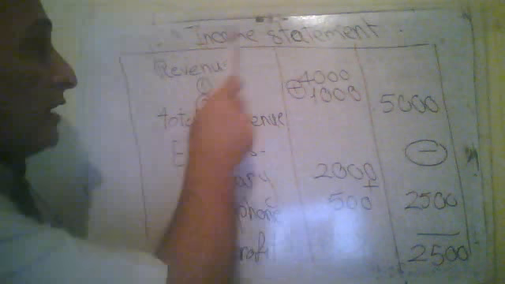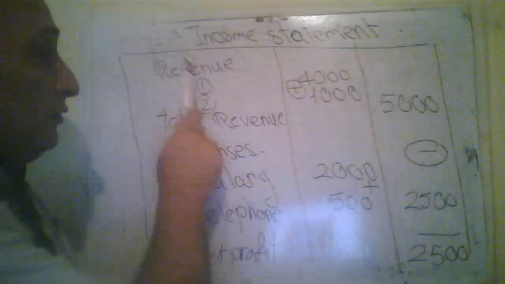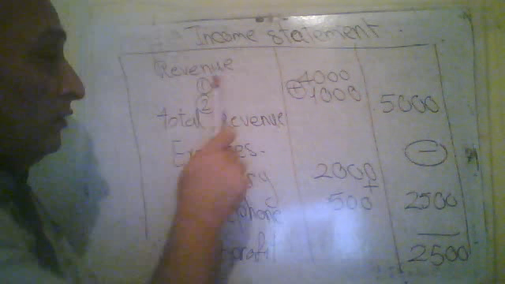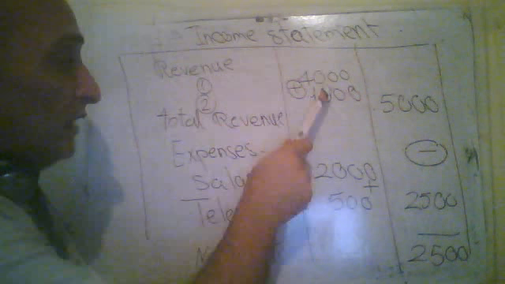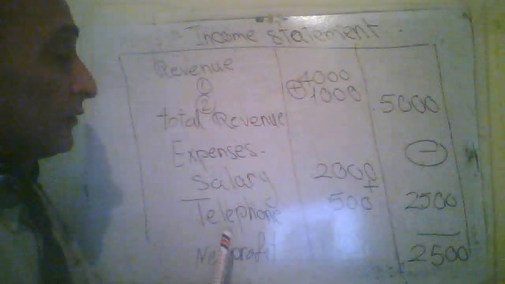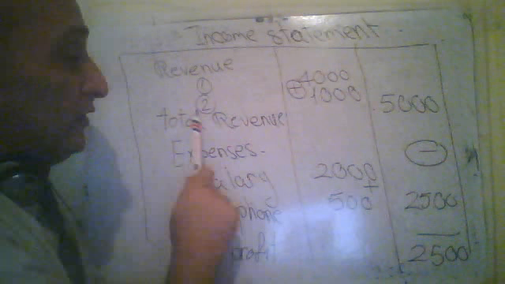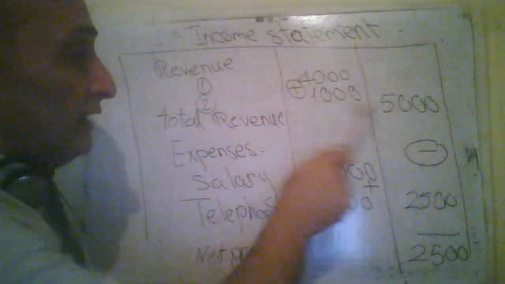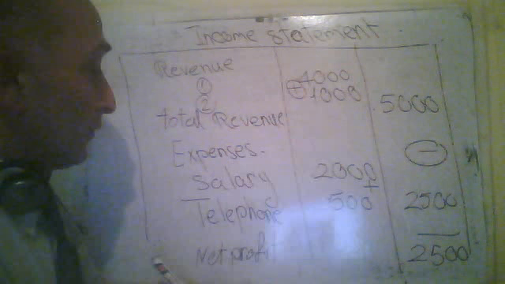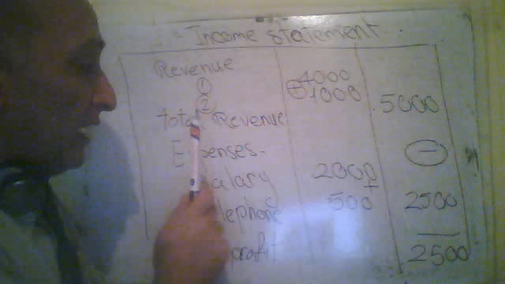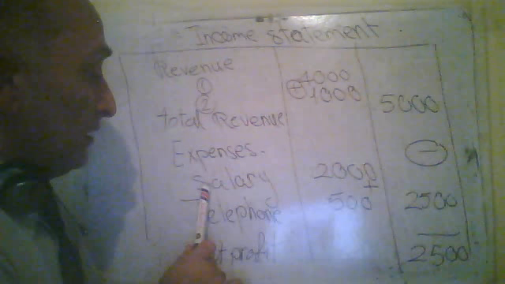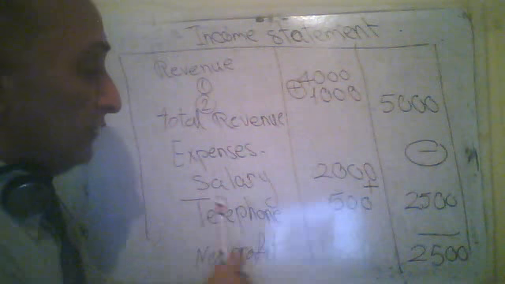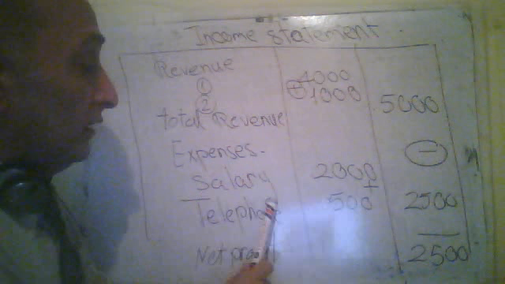Again, income statement, revenue, I have two revenue, 4,000 and 1,000. Total revenue 4 and 1, $5,000. Expenses, I have two expenses. Salary 2,000, telephone 500.